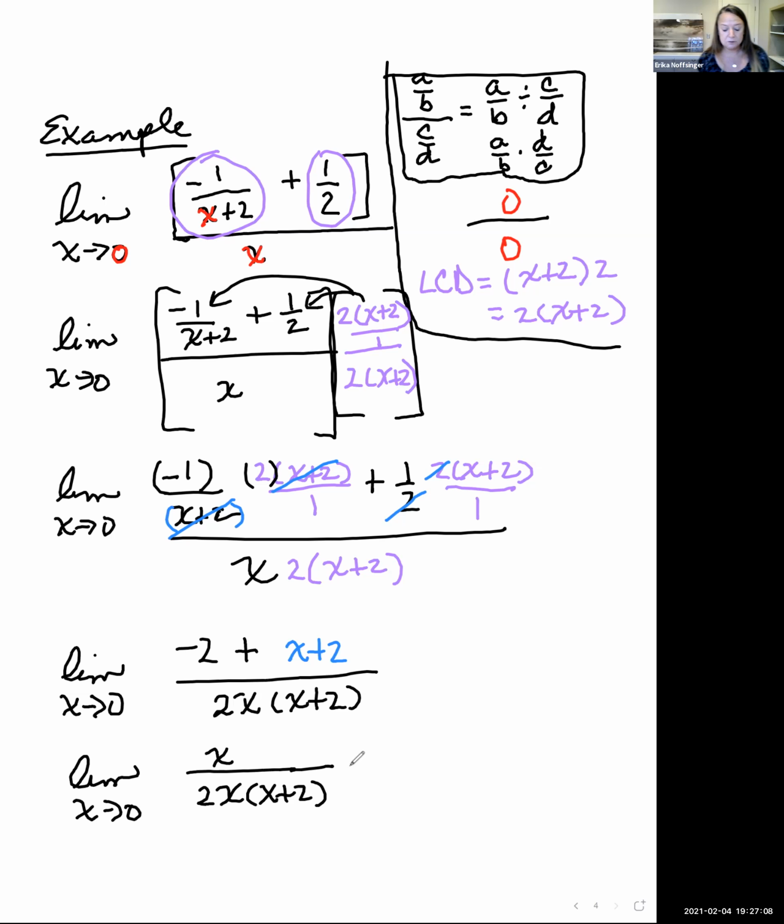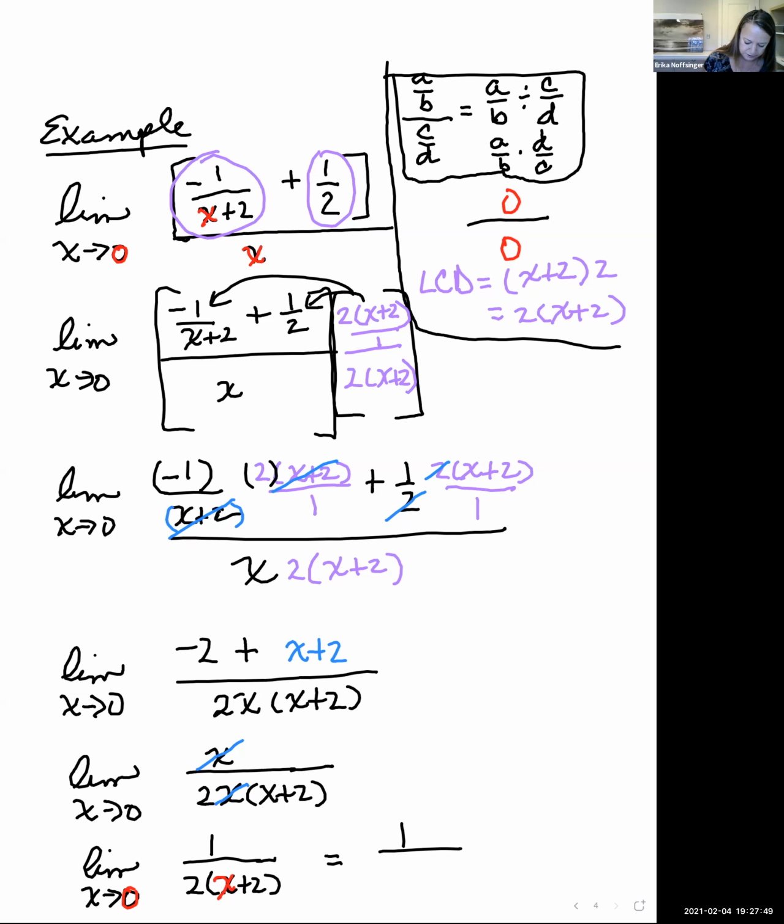After we've simplified this, we have a common factor of x in the numerator and denominator, and so those go away. If I get rid of everything in the numerator, I really didn't; there's still a factor of 1 there. So I have a 1 in the numerator all over 2 times the quantity x plus 2. Now when we do direct substitution, notice we're not going to get 0 over 0. Wherever we see an x, we replace it with 0 and then simplify.